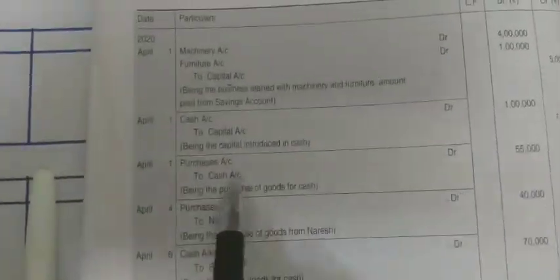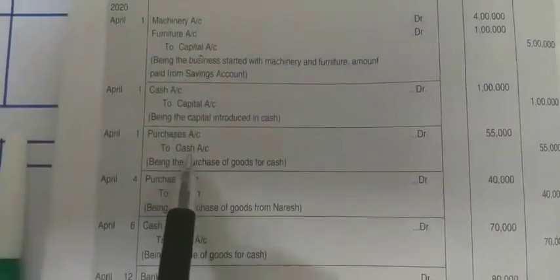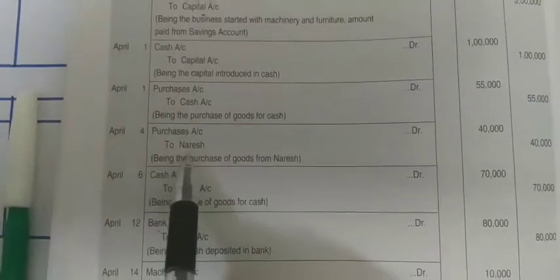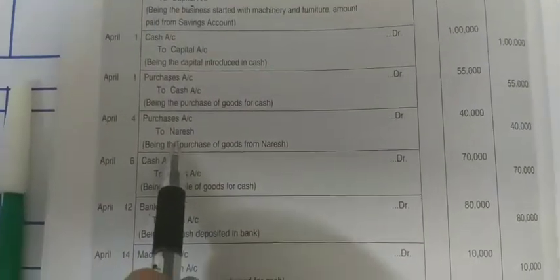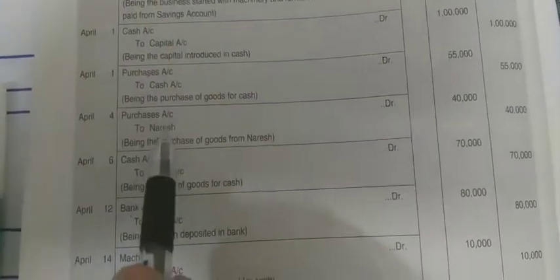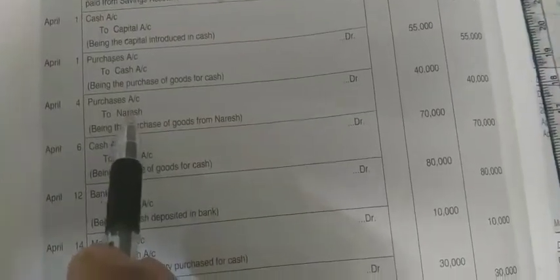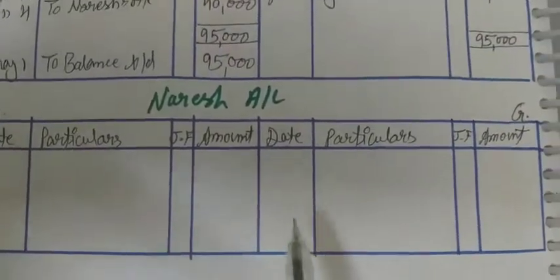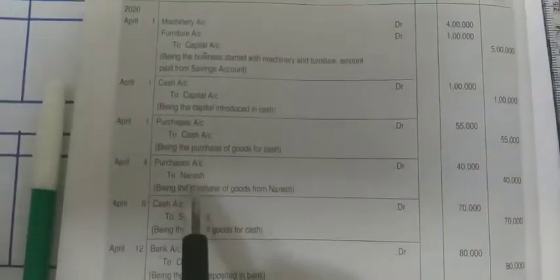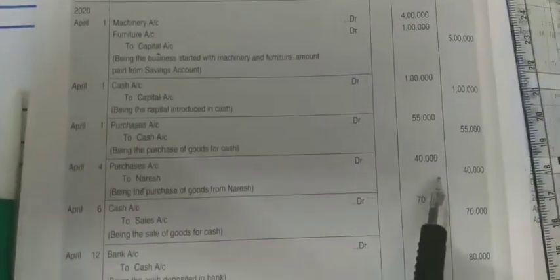After this, students, the purchase account is completed, the cash account is prepared. Next is the Naresh account. Okay, so let's see the Naresh account. Students, this is the Naresh account format. According to the transaction, the Naresh account is credited by rupees 40,000 with the purchase account on April 4th.